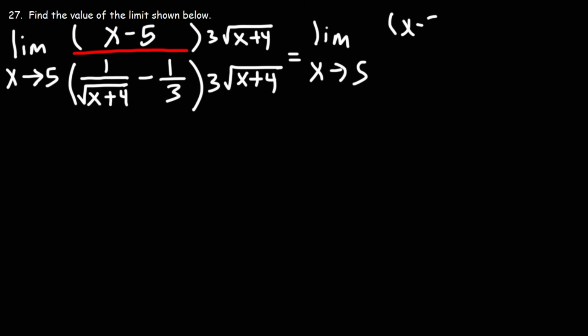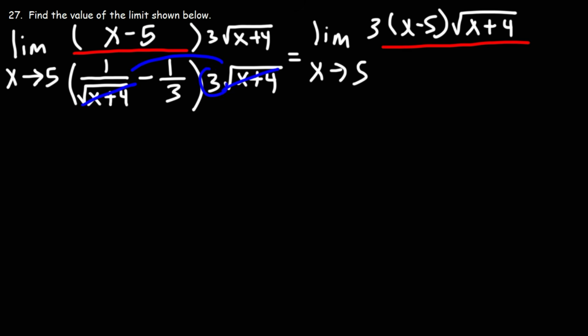On top, we're just going to have x minus 5 times 3 times the square root of x plus 4. There's no need to multiply that. On the bottom, we're going to multiply these two. The square roots will cancel, and we're just going to get 3.